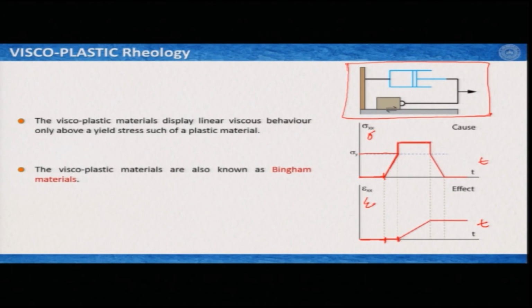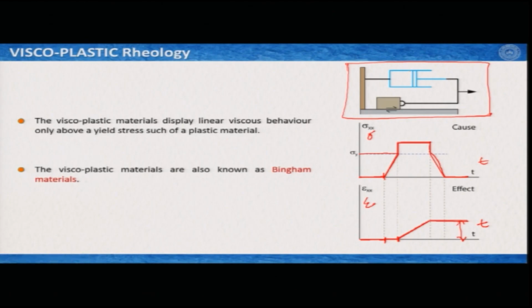In the entire time the strain continues increasing, but it does not matter if I release the stress, the strain remains permanent because of the friction block and also the viscous element.